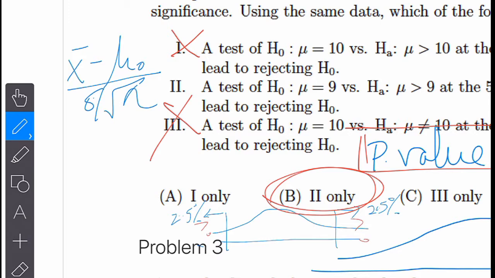So if I put 10 as my hypothesized value originally and now I make it 9, what happens to my statistic? I'm not saying if it's a z or a t because they don't give me enough information. Let me go back and make sure. Do they say normal?